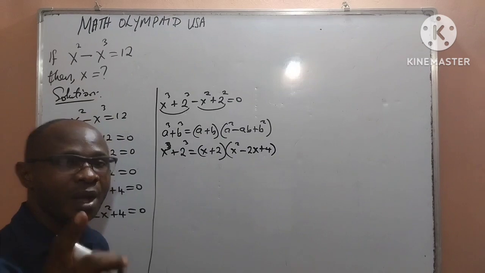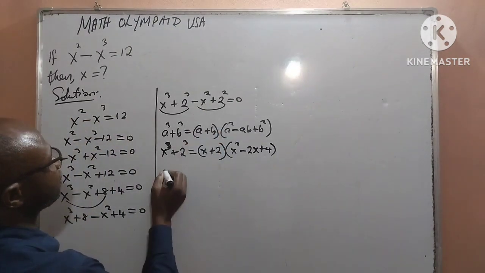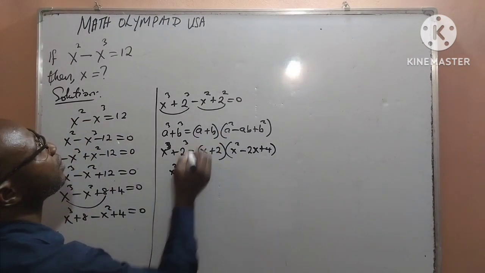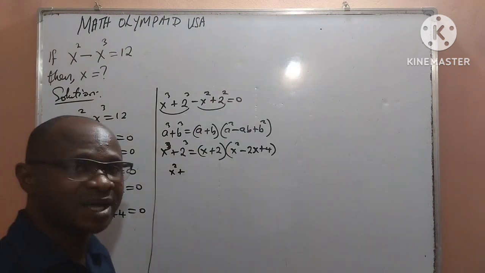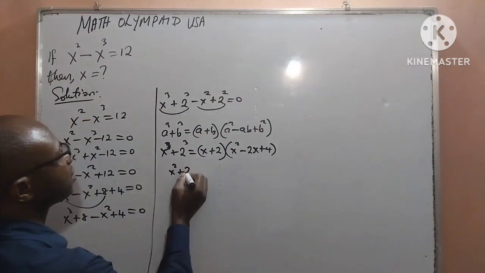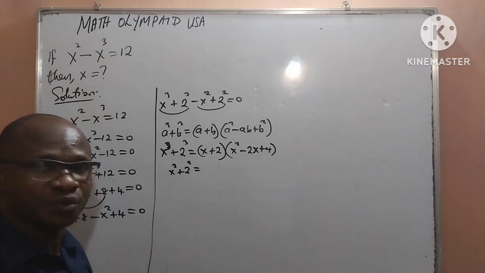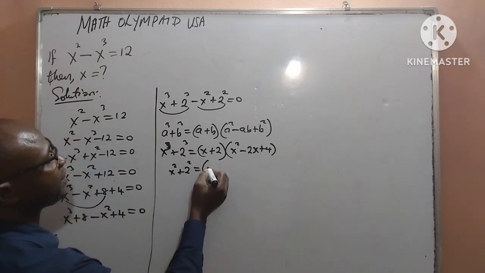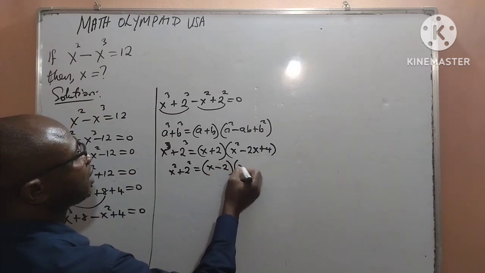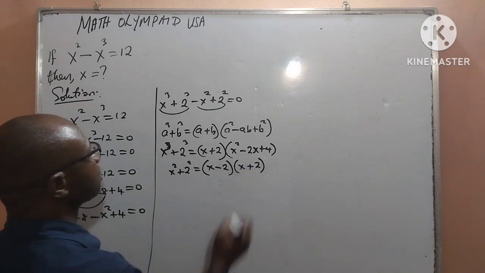Alright. Also, here I have x squared plus 2 squared, which is the same thing as x squared plus 4. Wait, with the minus sign, I can write it as difference of 2 squares, which is now going to be for me x minus 2 into x plus 2.